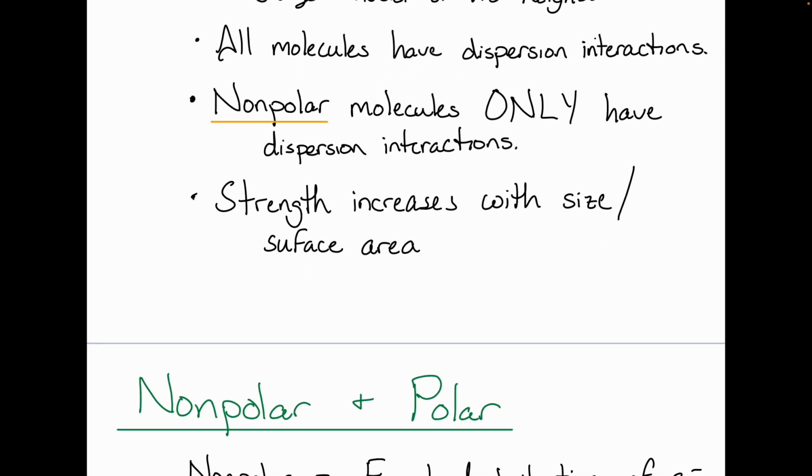The other thing it increases with is the number of electrons that an atom has. The bigger the element, the more electrons it has. So our strength also increases with the mass of an element.